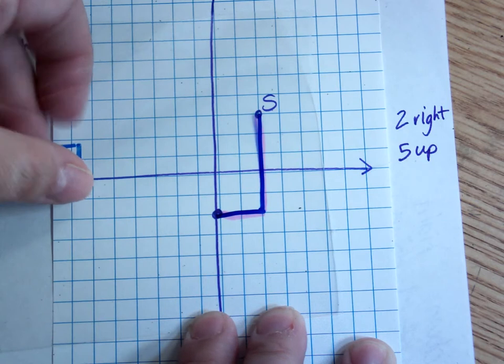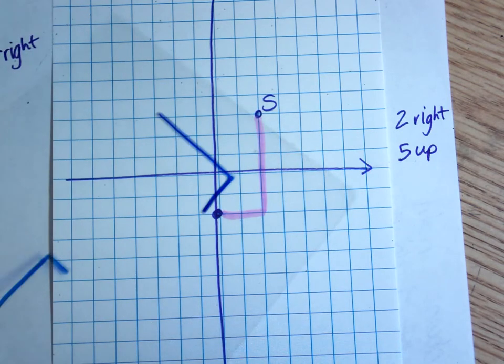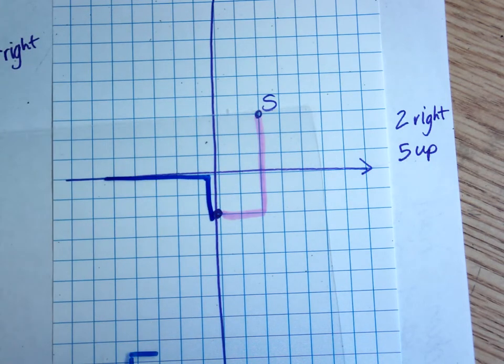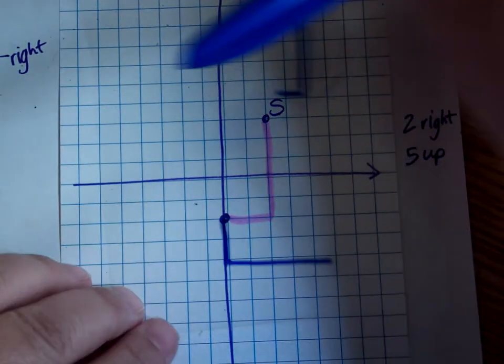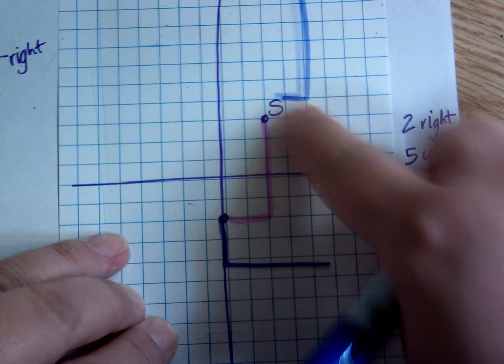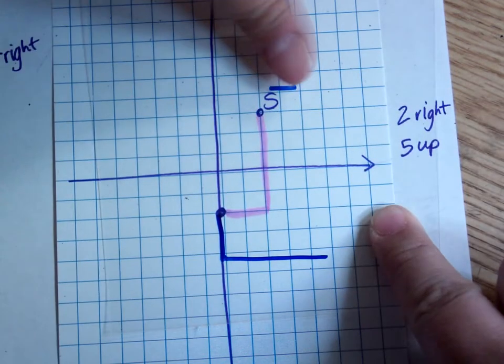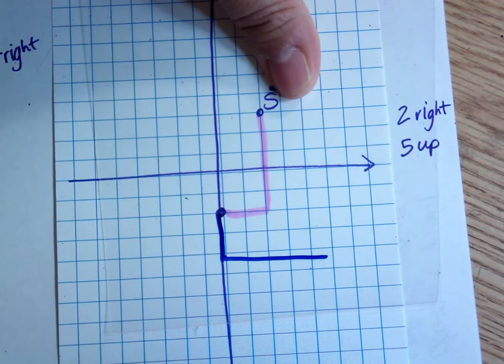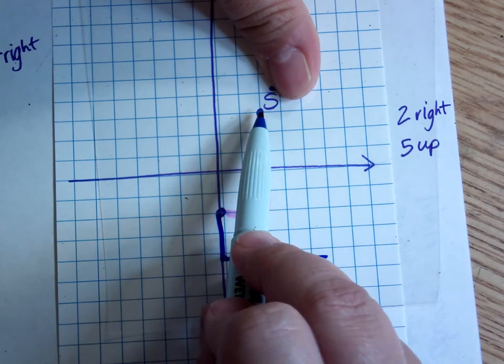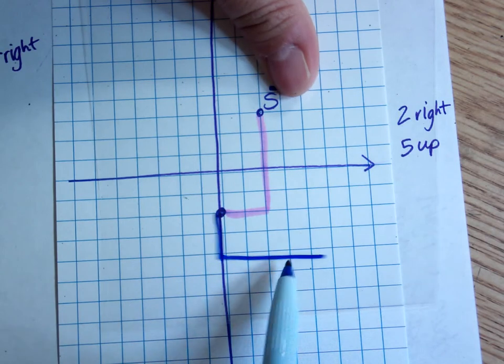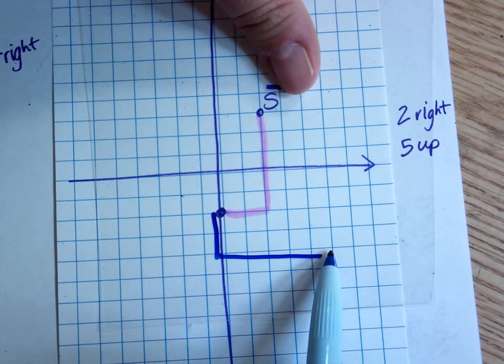It's going to be rotated 90, 180, 270. This is what it's going to do from 270. Sorry, that's in there. Pretend that's not there. It's just my thumb, I promise. Okay, so instead of going 2 to the right and 5 up, we're going to be going 2 down and 5 to the right. So it's going to be right over here.